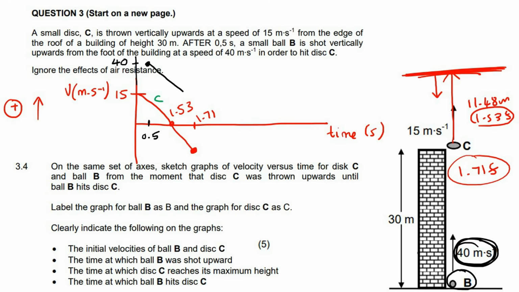So we can just do that, and let it slow down until 1.71 over there. Don't make the two lines go towards each other, because then you're saying their velocities are the same wherever they collide. That's not what we're doing here. We know B's velocity is just going to decrease. These lines will always be parallel because those lines represent acceleration, which is 9.8 for all objects. And it would go there, and then collide at 1.71 seconds.